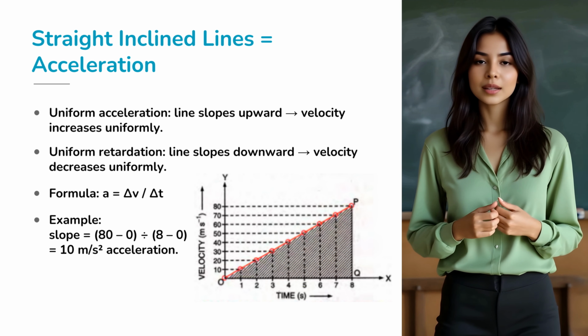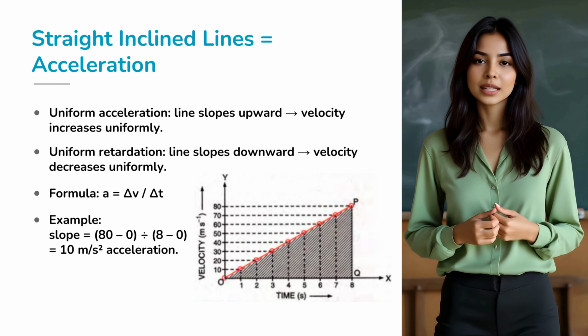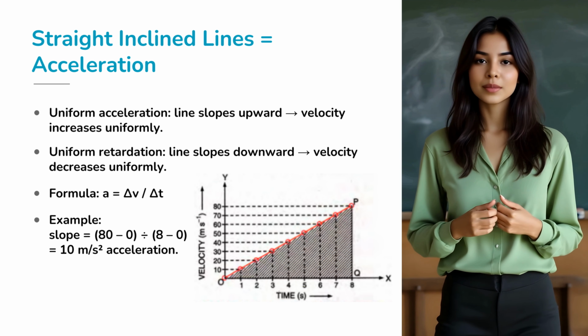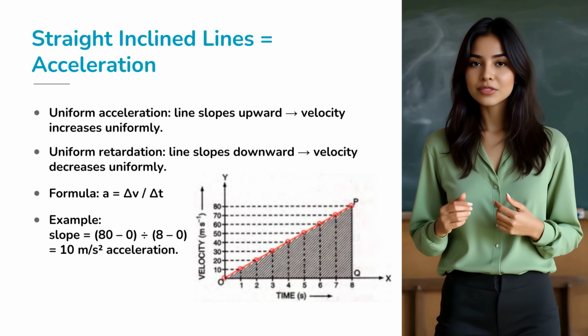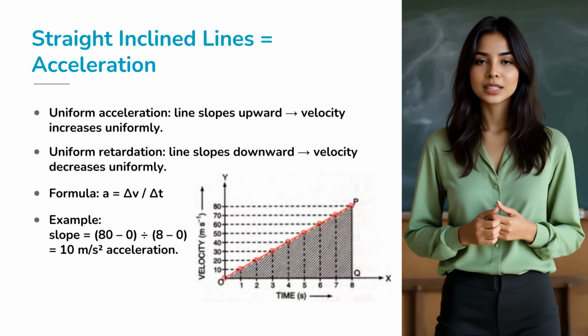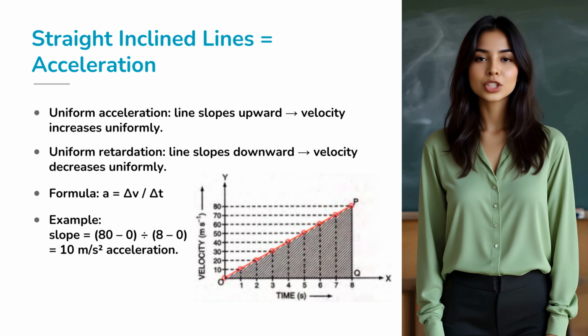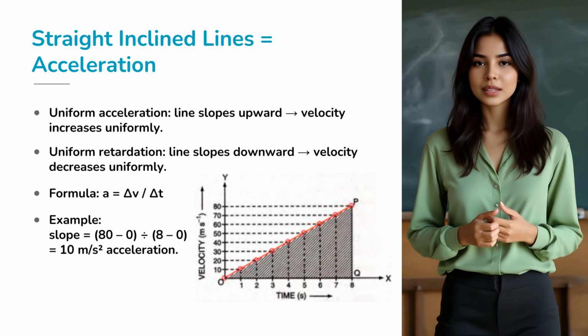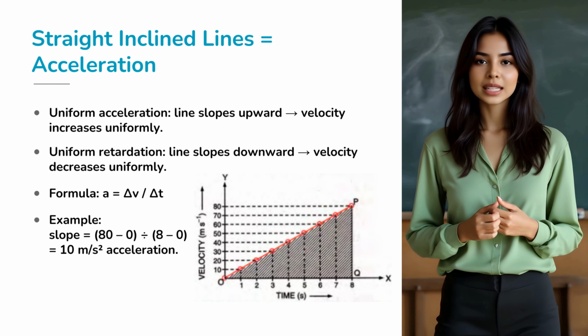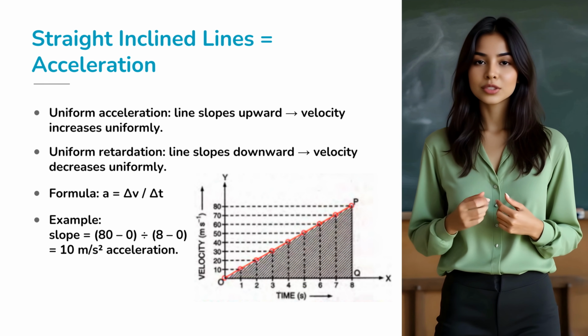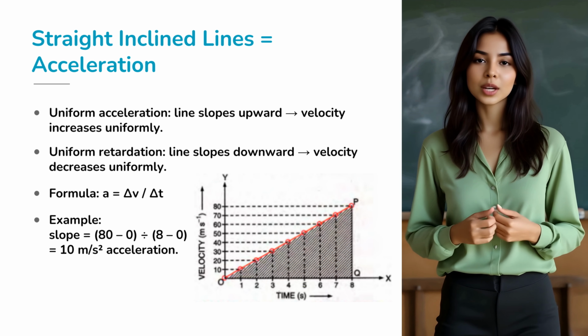On the flip side, if the object slows down steadily, the graph slopes downwards. That's uniform retardation. In figure 2.15, the velocity drops from 40 to 0 in 4 seconds. So, acceleration equals 0 minus 40 divided by 4 equals negative 10 meters per second squared. So here, slope is not just direction, it's the acceleration itself.